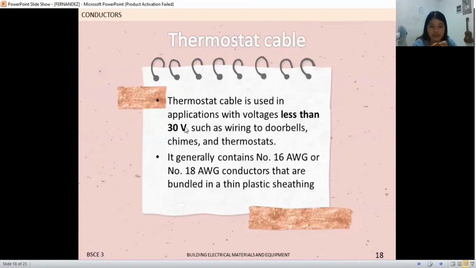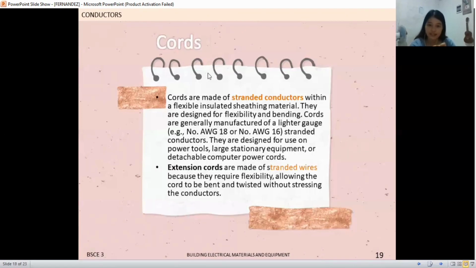Thermostat cable is used in applications with voltage less than 30 V such as wiring to doorbells, chimes, and thermostats. It generally contains number 16 AWG or number 18 AWG conductors that are bundled in a thin plastic sheathing.